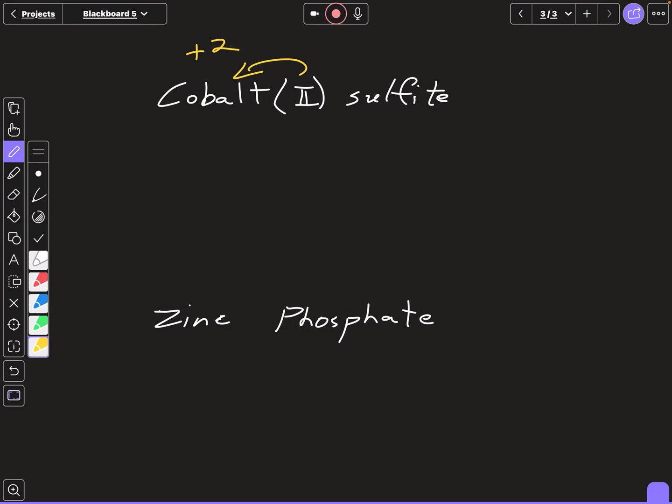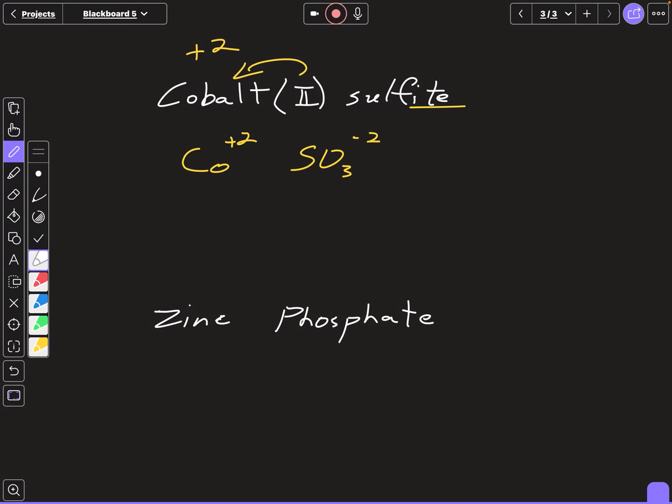Alright, so cobalt's symbol is Co, and it's telling me it's a positive 2. Sulfite. Now, if this would have said sulfide, IDE, I knew it was just talking about sulfur. But sulfite, ITE, is a polyatomic ion. I look up this formula, and it is SO3, and it has a -2 charge.